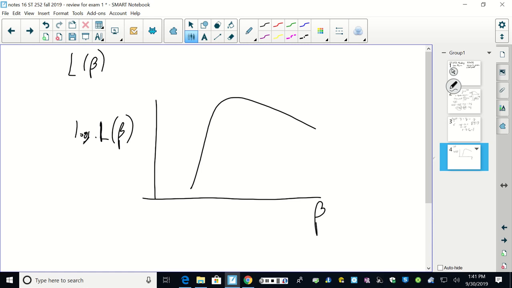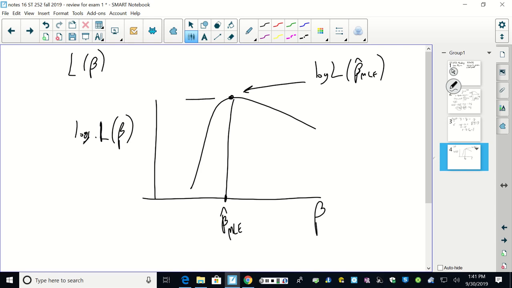So say that's the highest point. What's the value of beta that does that? You'd also want to map this down to this point. Beta hat is a value on this axis, and it produces that highest point. So this value of beta hat is the value that corresponds to the maximum. So this maximum is log L evaluated at beta hat MLE, that height over here.